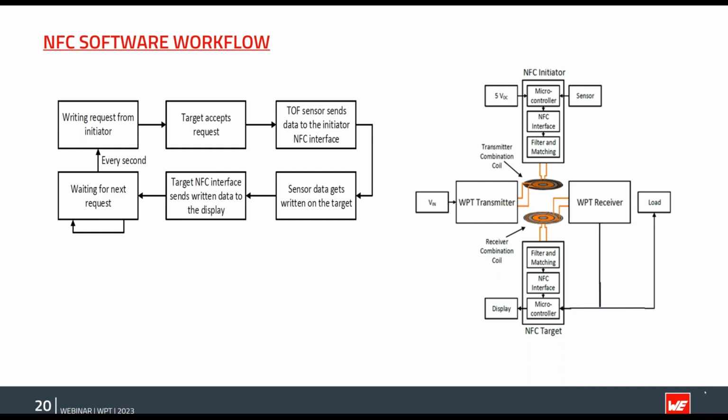So the software workflow is also very simple, and it is already adapted by Adafruit, but we changed it according to our application. So it's very easy, and it's easily adaptable to your system as well.